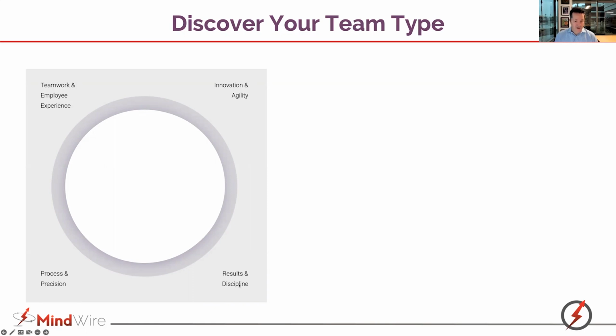Process and precision, results and discipline. And when you create a team, these are all people that have these different behaviors. The further up into the left corner someone is, the stronger those behaviors are going to be. The more towards the middle, the more moderate probably their overall graph is.